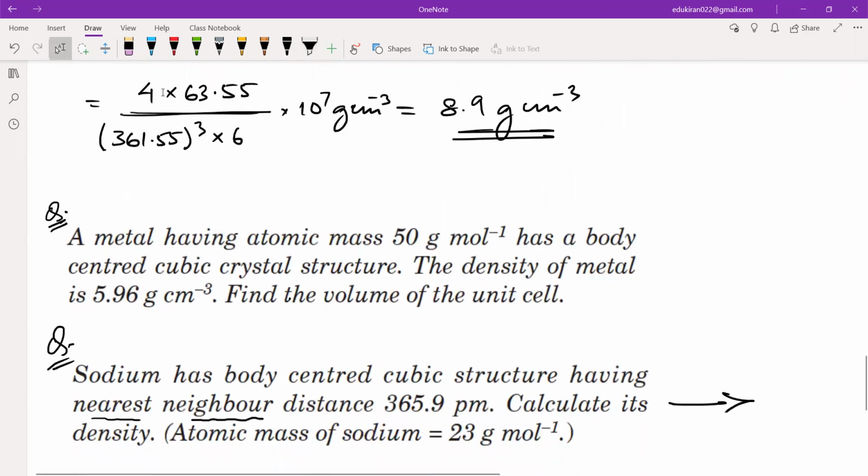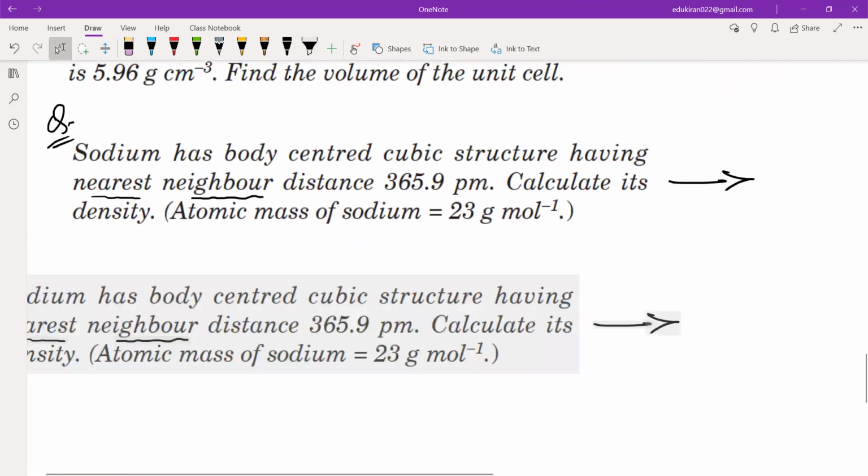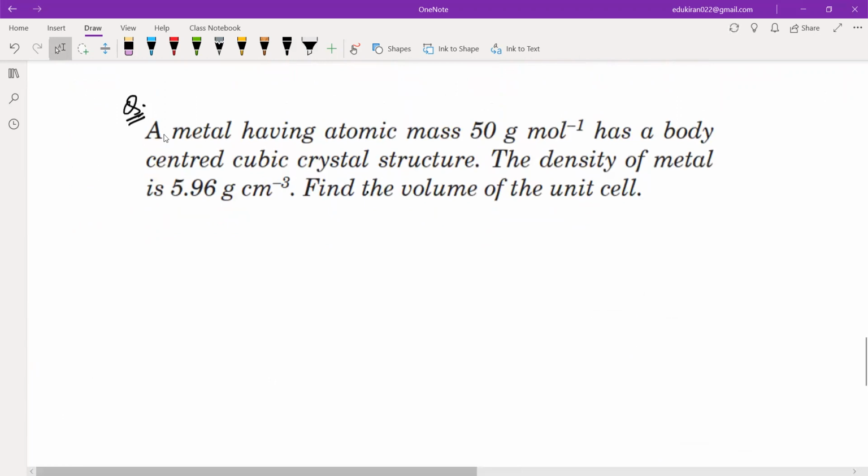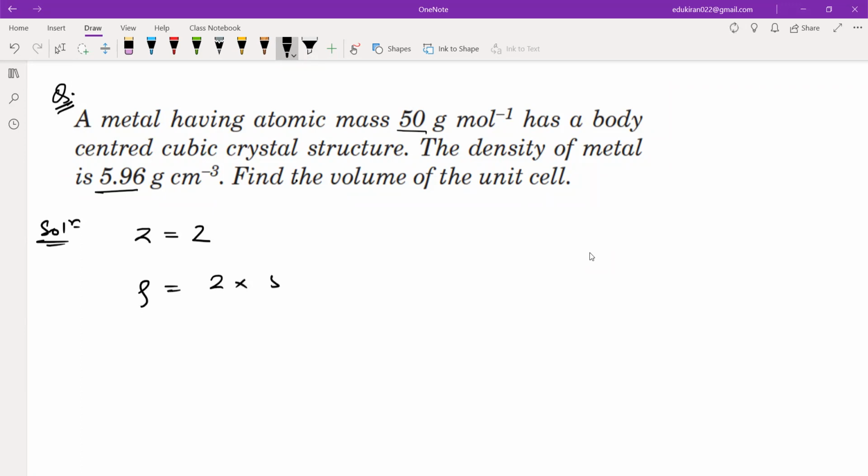Now the next one. In the next one, what you have to do: 50 grams per mole has a body center, this much, density is this much, find the volume. First, Z will be equal to how much? Body center, then 2. Then density will be equal to 2 into 50 grams per mole divided by the volume A cube into Na.